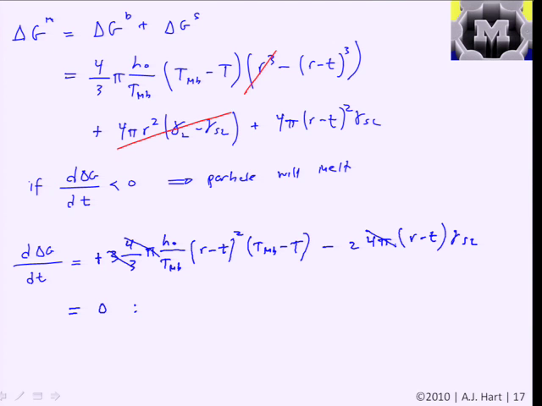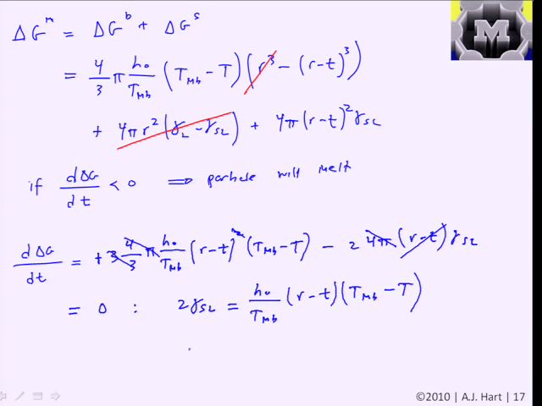And then we will have the case that 2 gamma SL, and we can also cancel 1 of the r minus t, will equal H naught divided by the bulk melting point times r minus t times the difference between the bulk melting point and the temperature of interest.